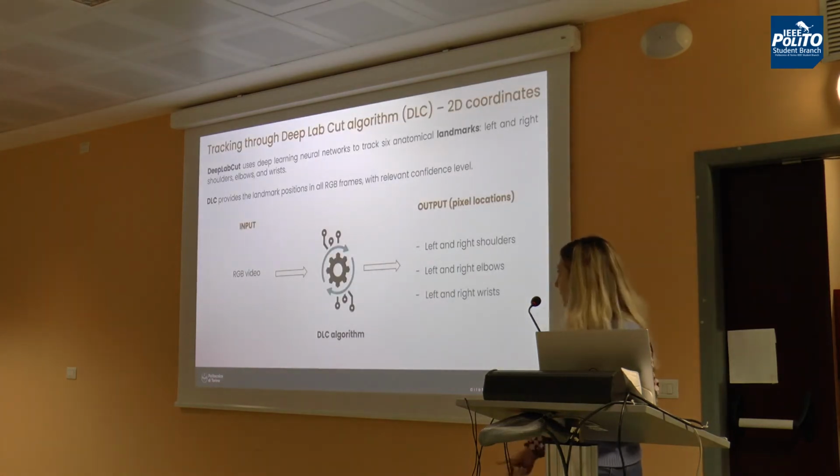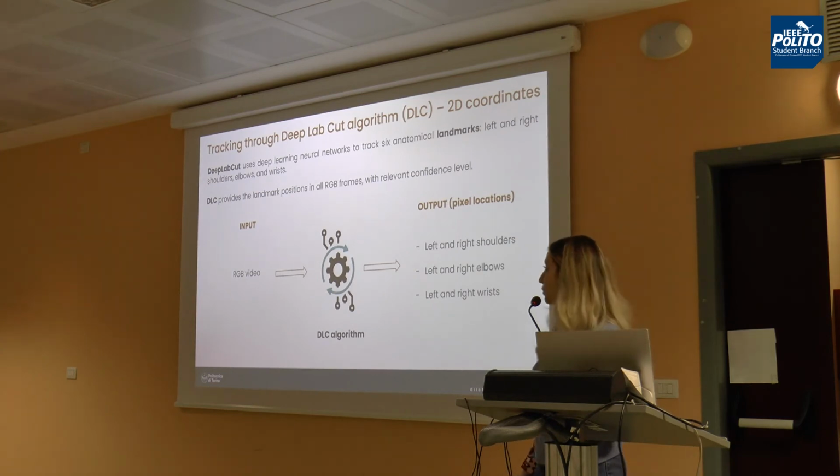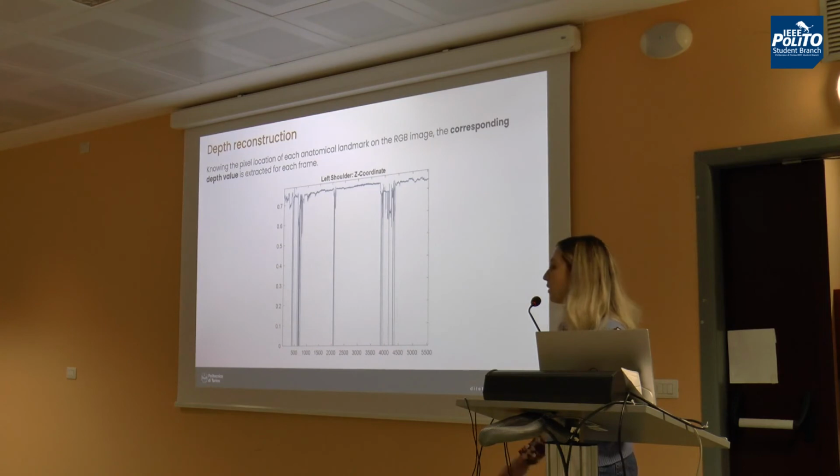While in the previous application I used a model-based approach, in this case we used a deep learning approach, using the DeepLabCut algorithm that estimates all these anatomical landmarks, so left and right shoulders, left and right elbows, and left and right wrists, and also the relevant confidence level that provides information on the reliability of the estimates. Knowing the pixel location of each point, it's possible to extract the depth value for each frame.